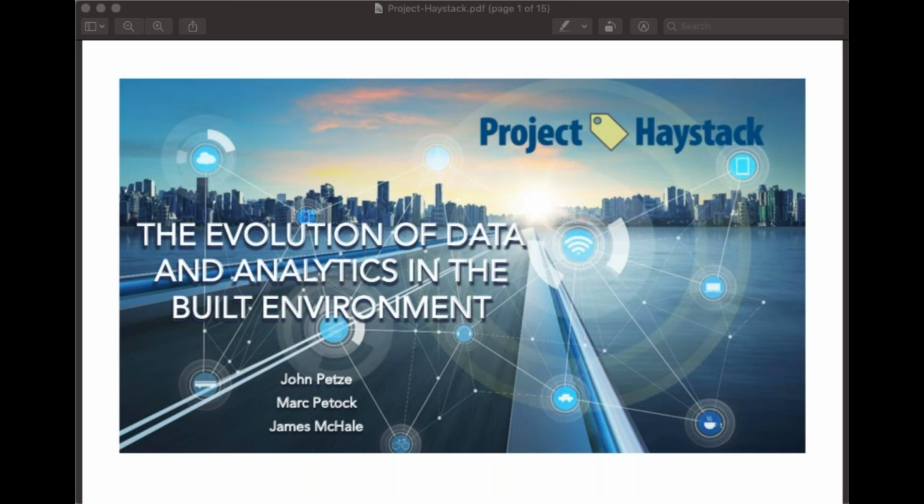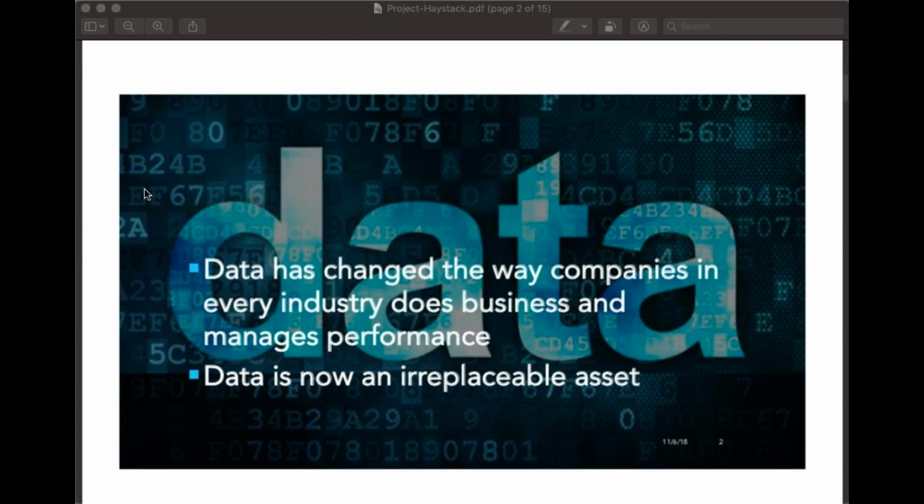And of course, at Project Haystack, we're at the forefront of this because of the work that the Project Haystack open source initiative does, helps people work with data. That's what its goal is. So, data is a cornerstone of business, right? And having data and learning how to use it changes the way companies do business, right?